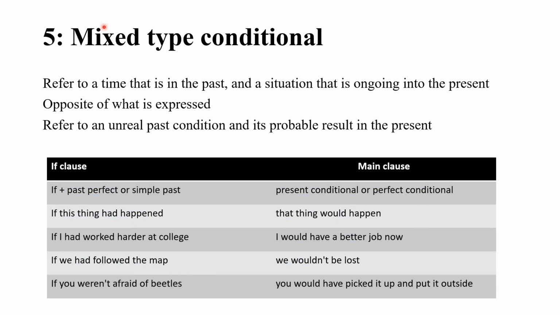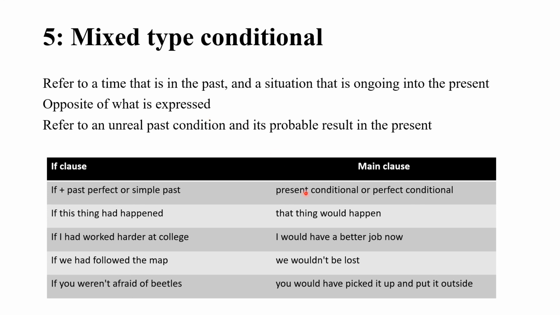The mixed type conditional is the fifth and last type of conditionals. The mixed type conditional is used to refer to a time that's in the past and the situation is ongoing in the present. The facts are the opposites of what is expressed. The mixed type conditional is used to refer to an unreal past condition and its probable results in the present.